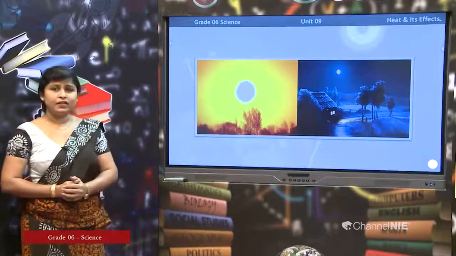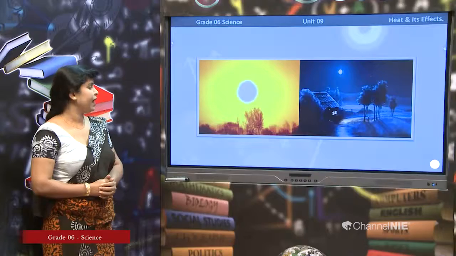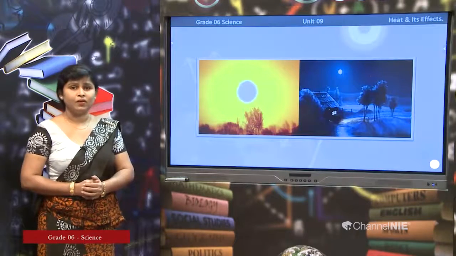Again, I have got another two pictures. Look at the pictures. Can you identify? Yes. First picture is showing us a daytime, and the second picture is showing us a night time. During the daytime, you know that all the things in our environment get warm due to the heat of the sun, and during the night time the things in our environment get cool, right?